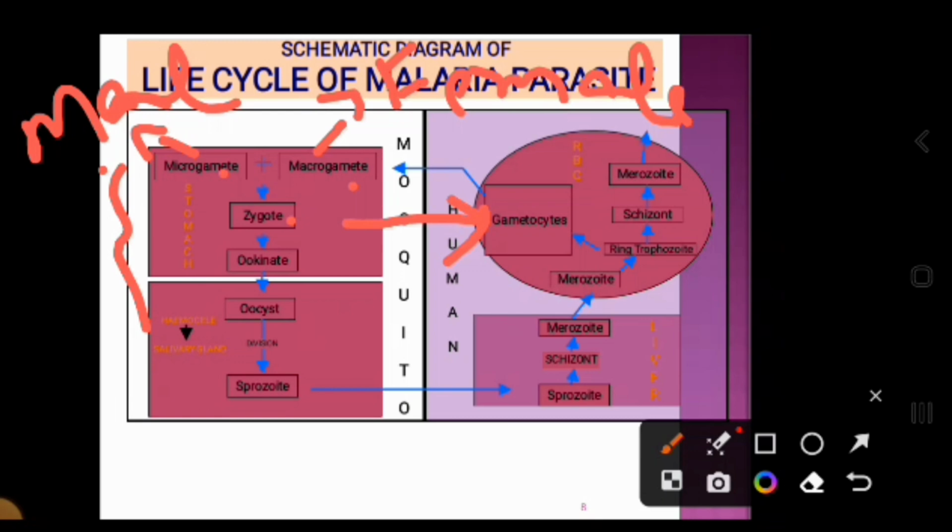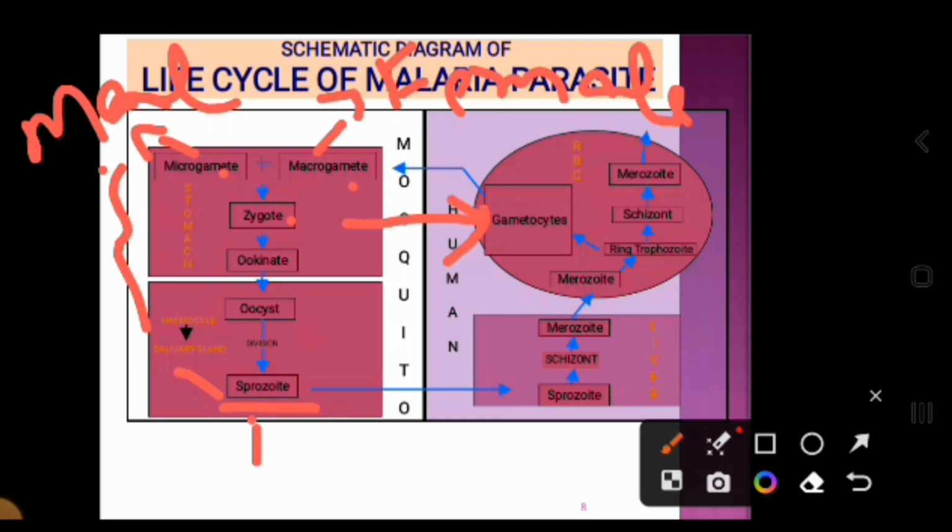From the ookinete they form the oocyst, and the oocyst ruptures, releasing the sporozoites, which enter the salivary gland of the mosquito. And again when the mosquito takes the blood, the sporozoites, that is the infective stage, enter the human body. Healthy human.